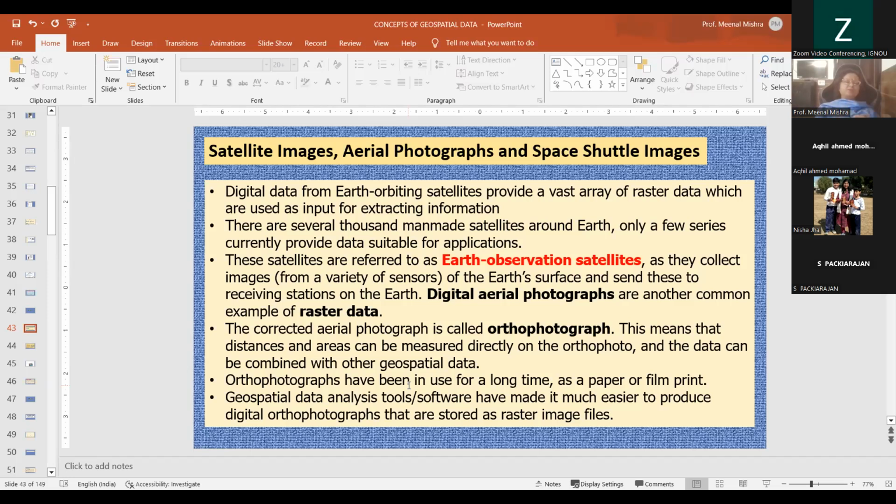Further, we will discuss geospatial analysis tools or software. What are these tools? You don't have some hammer or spade. Tools means the software which you are using. They have made it much easier to produce digital ortho photographs, and they are all stored as raster files.